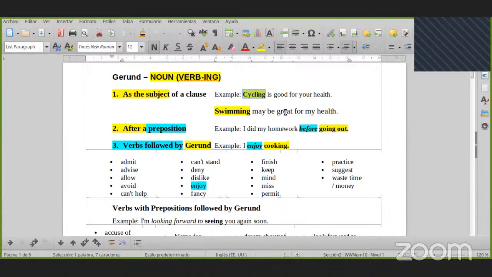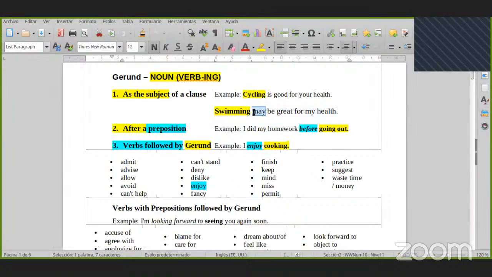Swimming may be great for my health. In this case, we're not using a verb to be, because we can use the gerunds with verb to be or with any verb. This is the first one, when we use it as a subject.